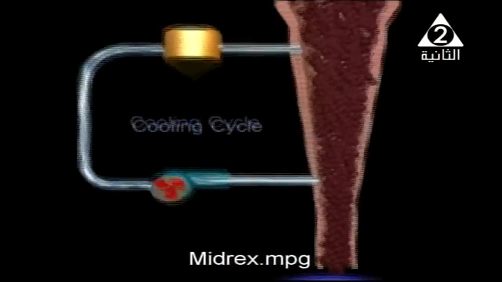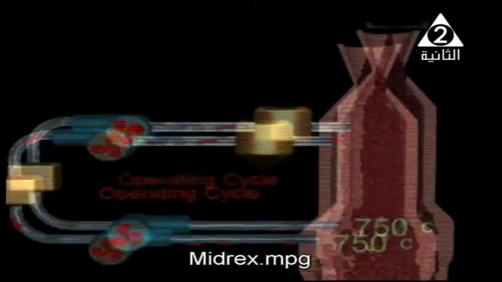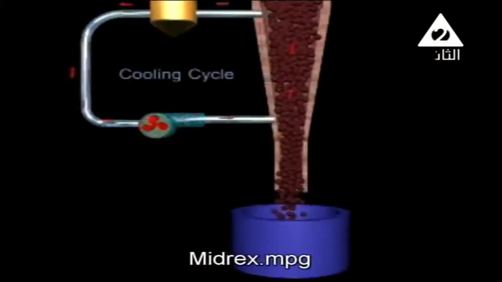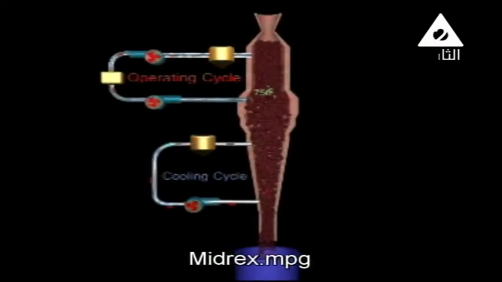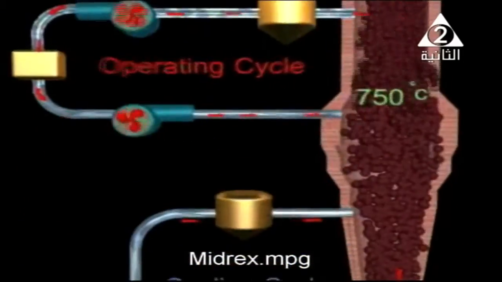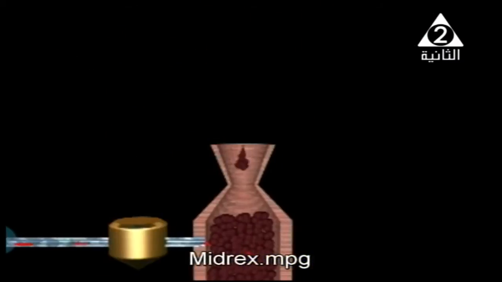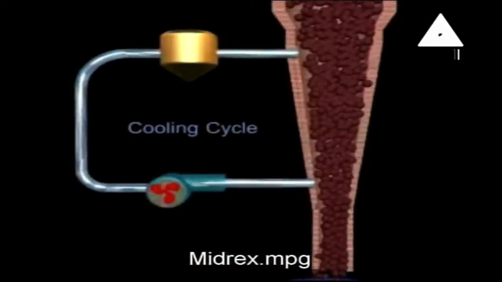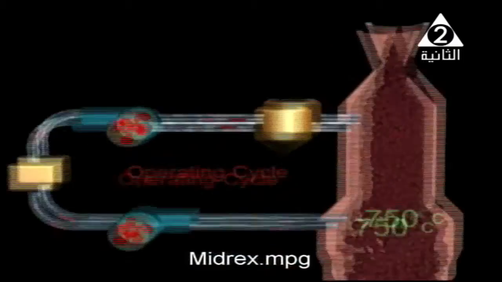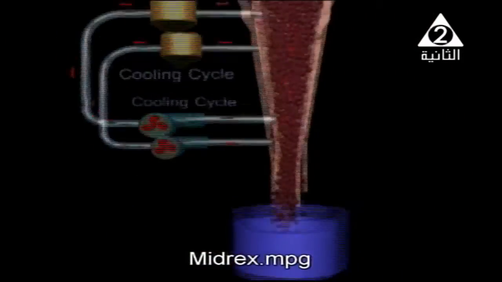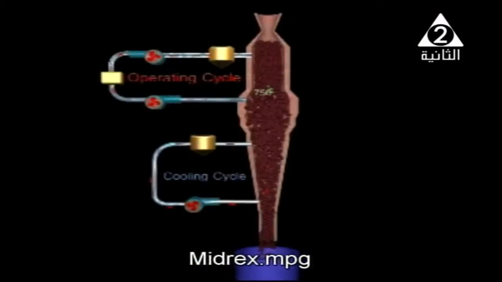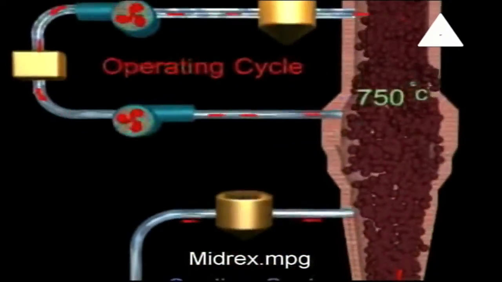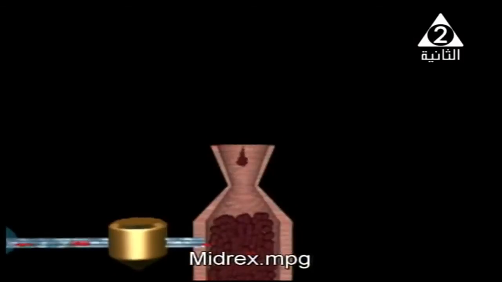As the animation shows, the formation of the water gas happens in a cycle: the methane gas, or natural gas, combines with carbon dioxide and water, forming carbon monoxide and hydrogen gas that can be used for reduction of the hematite into iron, and we collect the iron at the bottom of the furnace.